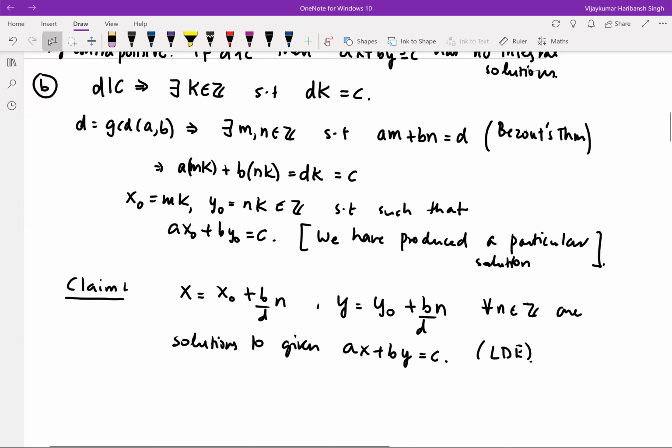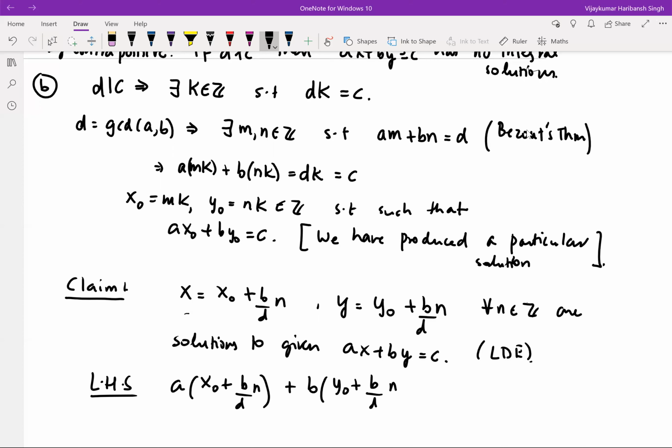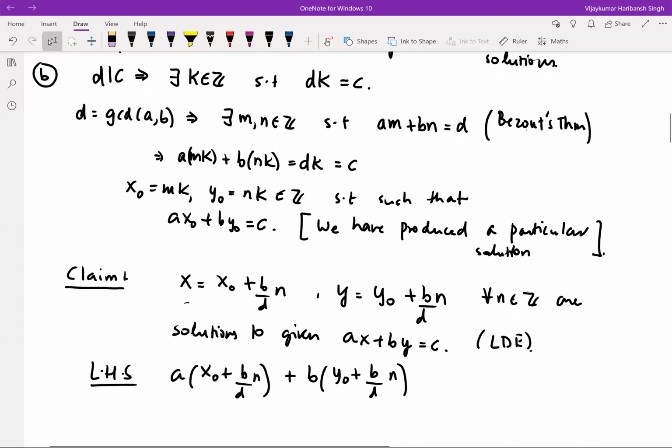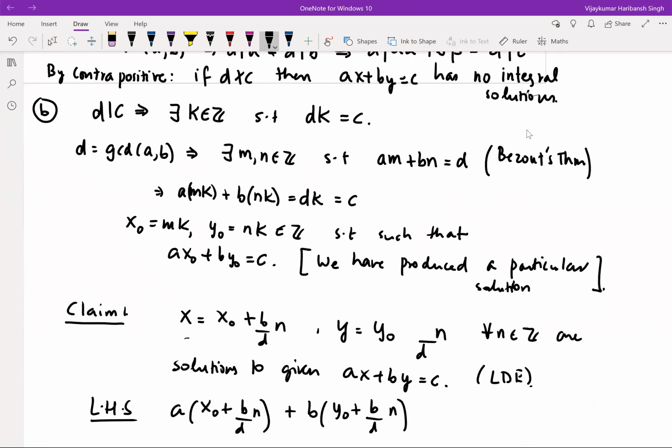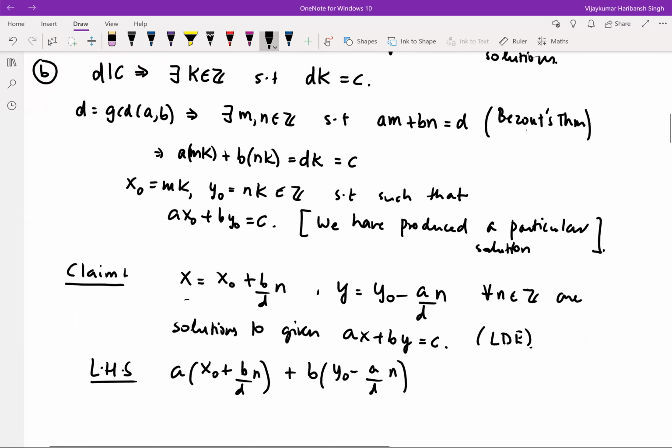So let's start by substituting these. You basically start with the left-hand side: a times x naught plus b by d times n, plus b times y naught plus b by d times n. Sorry, this one has to be plus and the other one has to be minus. Which one doesn't matter. Here we should have taken a, otherwise they won't cancel. So one of them is plus and the other is minus. Let's check if these are solutions.